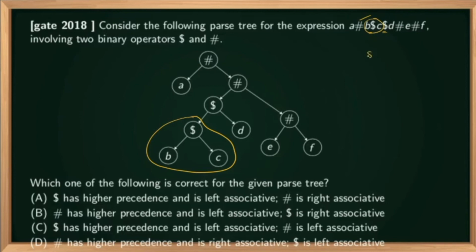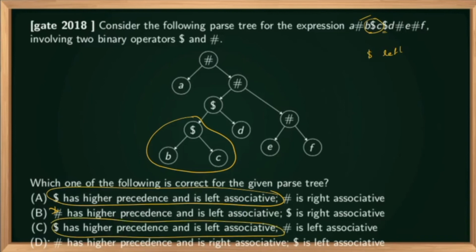That means dollar has higher precedence and dollar is left associative. This statement is correct. Okay, this is wrong. This statement is correct, and this choice D is also wrong. So the answer may be either A or C.